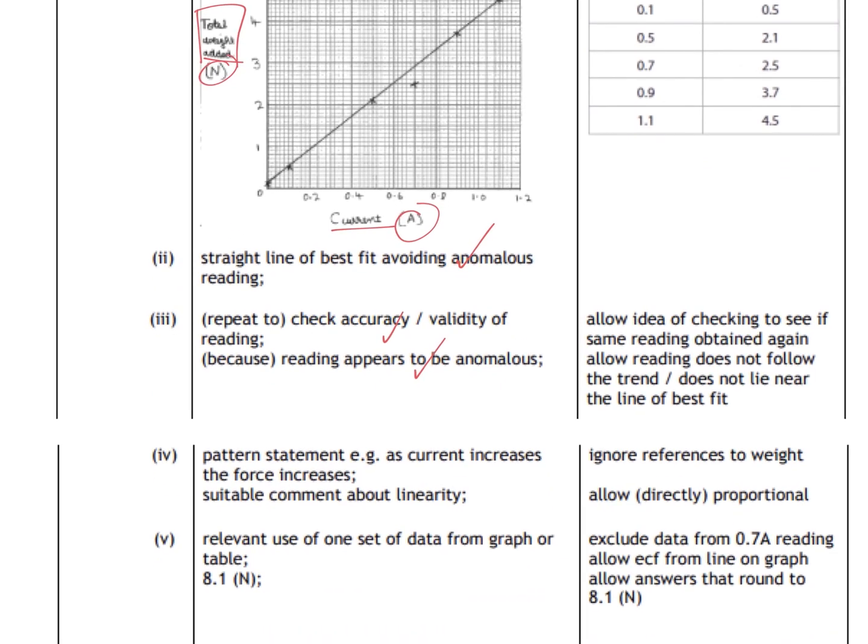And then, now this is the bit I said, it looks like it's directly proportional. Well, yeah, that's why they've put it in brackets then. But they're sort of saying, as current increases, the force increases, and a suitable comment about linearity. Okay, so they're being quite liberal with that. But again, we would have got all the marks there. And then relevant use of one of the data sets to get to 8.1 newtons.